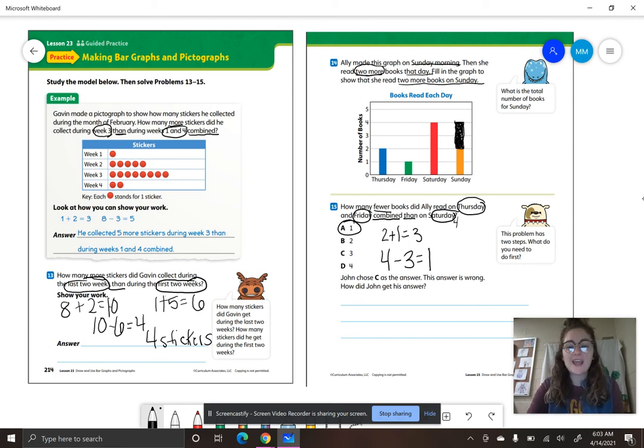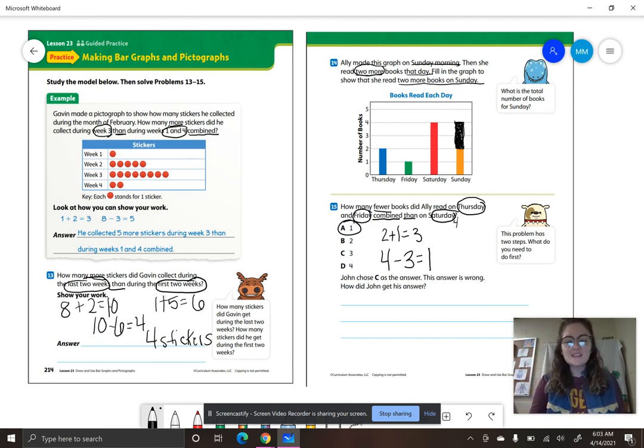So how can we answer this problem? How did John get his answer? What did he do or what did he forget to do? He forgot to subtract 4 books from Saturday. He forgot to subtract the 3 books from the 4 books to find how many fewer.